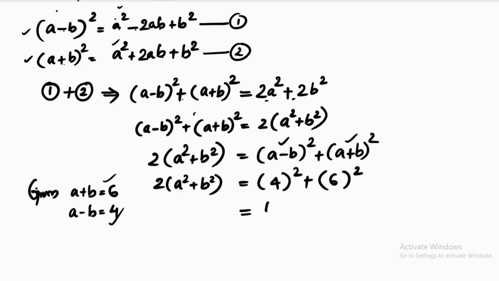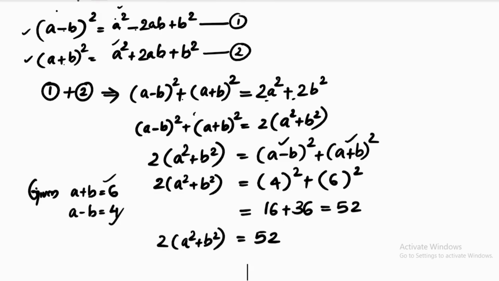That is 16 plus 36. What is 16 plus 36? It is 52, right? So we have 2 into a square plus b square equals 52.